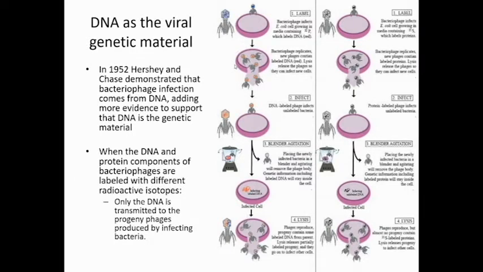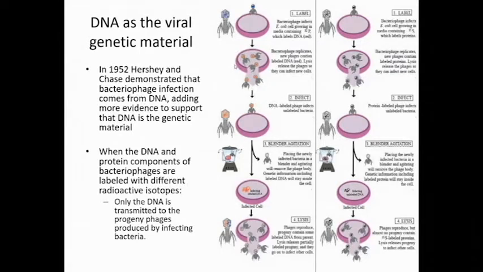They let the bacteriophage infect the bacteria cells that had been grown in a specific media. For example, the media that contains P32, an isotope of phosphorus. Later on, when we learn the DNA structure, we would know the DNA carries the phosphorus. So they used the P32 to feed the bacteria, and then let the bacteriophage infect the bacteria.